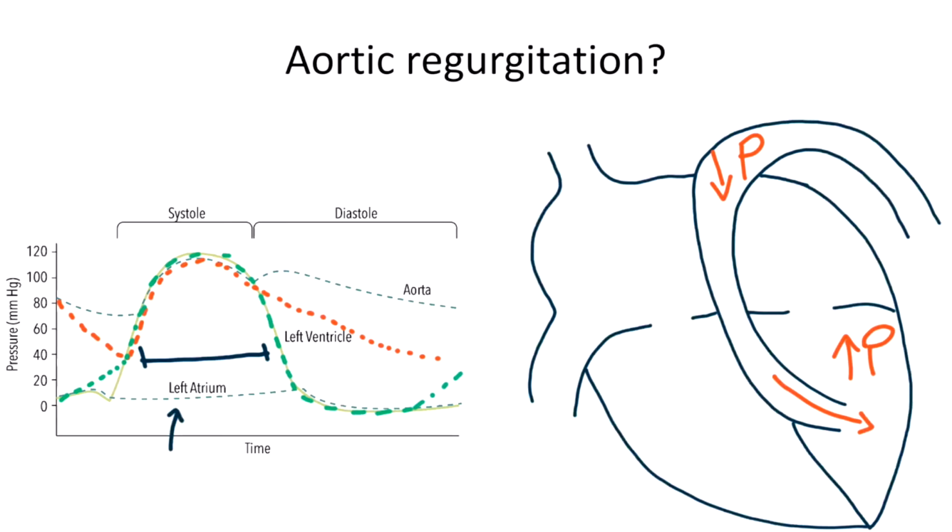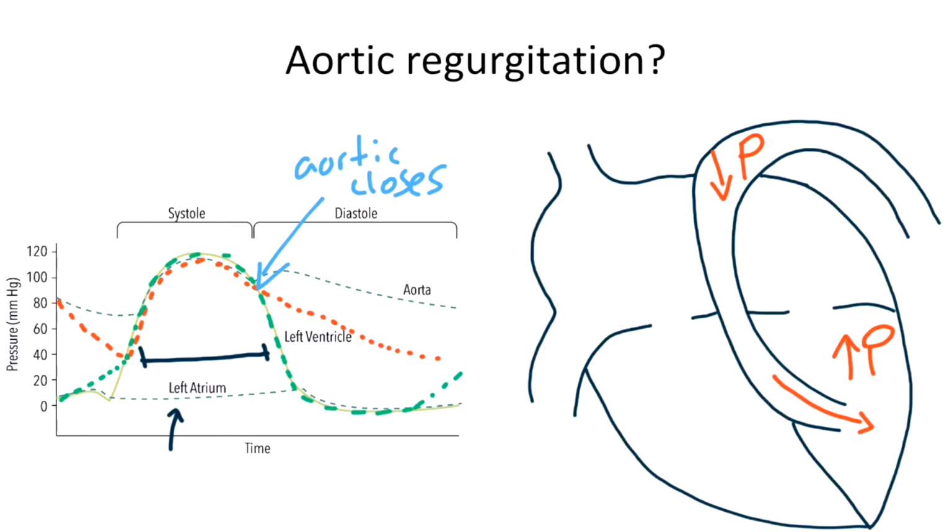So now that you can see the new pressure tracing, during what part of this figure do you think you'd be able to hear the regurgitant murmur if you placed a stethoscope on the patient's left sternal border? Well, aortic regurgitation occurs during diastole. Normally, the aortic valve closes here, and this marks the beginning of diastole.